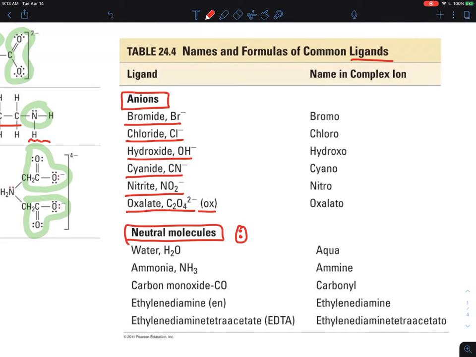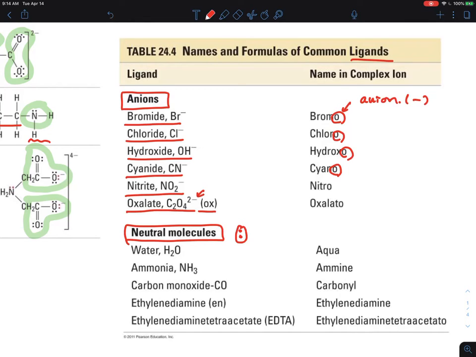Whenever this is an anion, you see the common name ends with an O, right? So even the oxalate, with a negative 2, is oxalato, which is the name notation. So make sure that ending with an O means an anion, which is a negatively charged species.